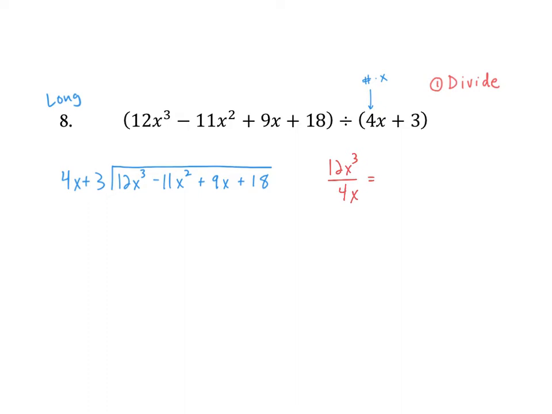Okay, and then you simplify that. 12 divided by 4 is 3. And then x cubed divided by x is x squared. That you put up here with the square term. And then you take this and multiply it by the divisor, and then distribute.